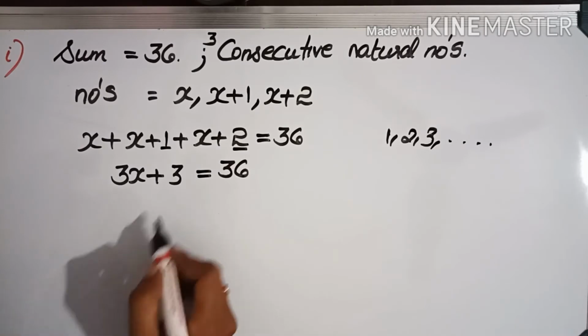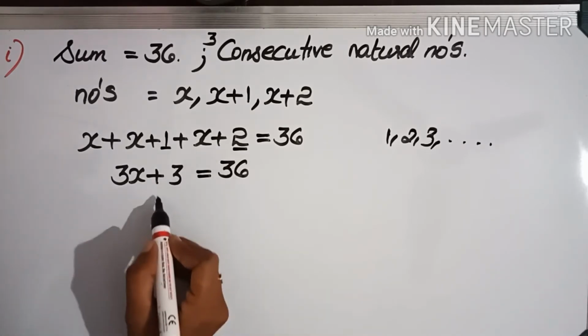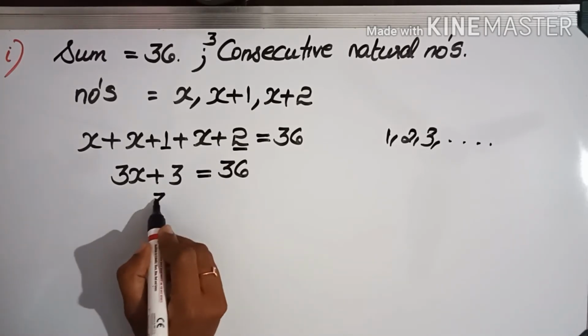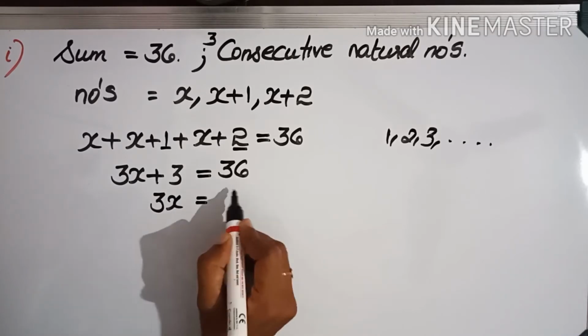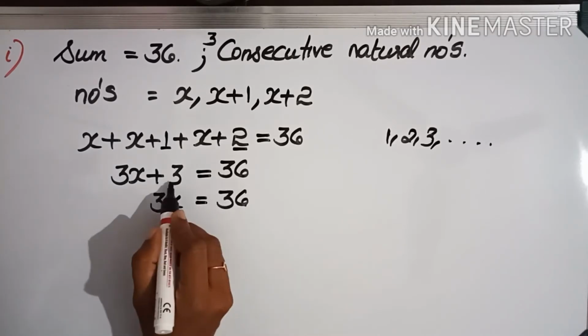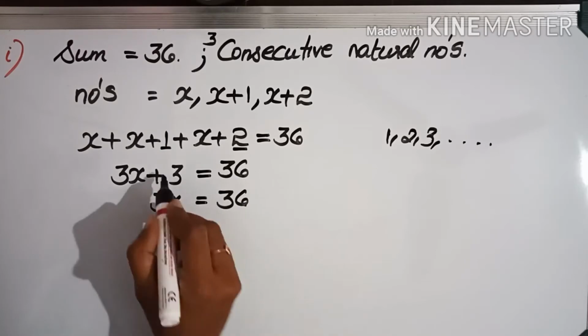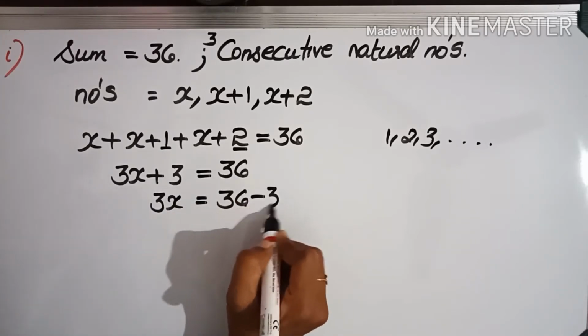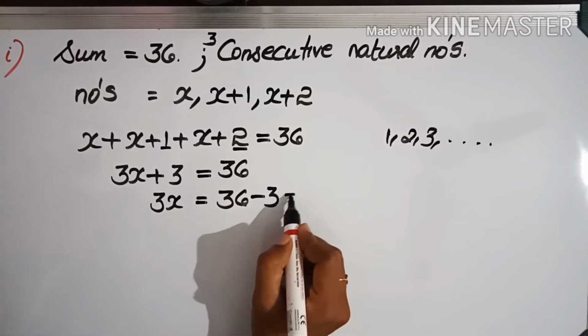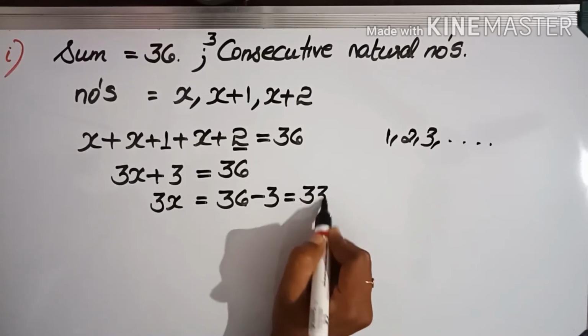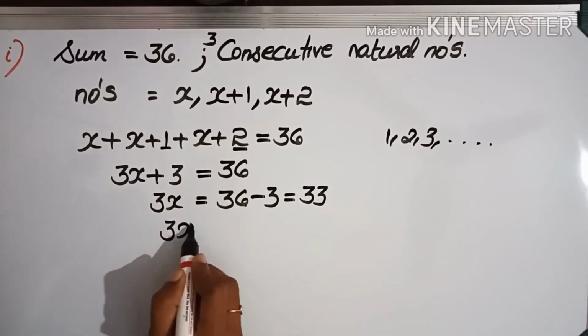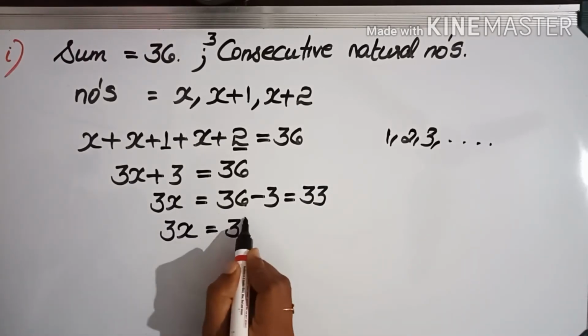Now plus 3 we have to remove from this side. So 3x equal to 36, and plus 3 coming to this side becomes minus 3. So the answer is 33. We got 3x equal to 33.